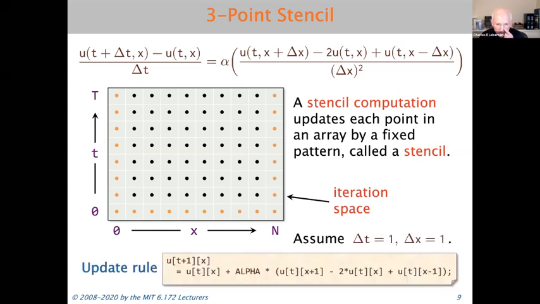So here's how we do the update. We're going to simply choose our delta t to be 1 and our delta x to be 1. Delta x is just the distance between the grid points here, and if it was a different value, you can just scale things. In fact, it all ends up in alpha in the end, by having a modified alpha.